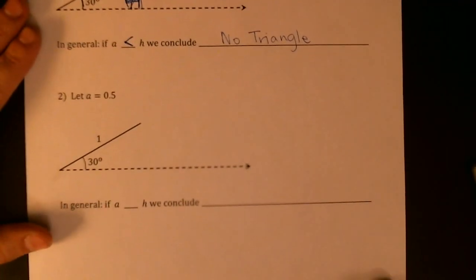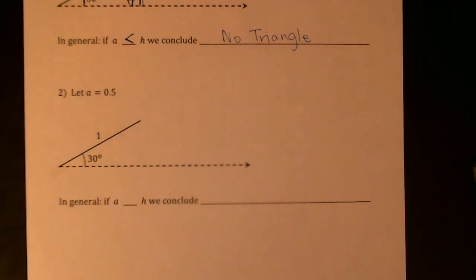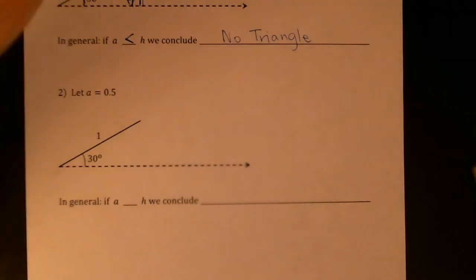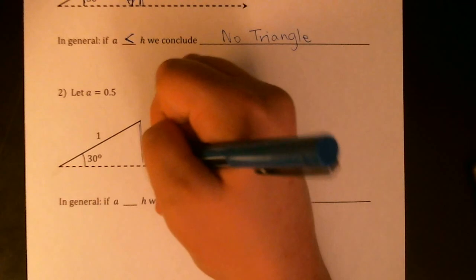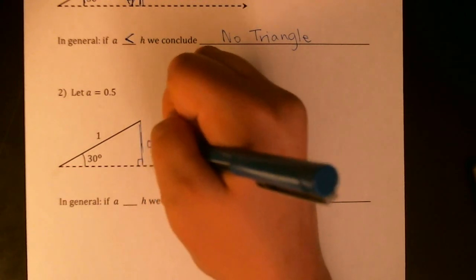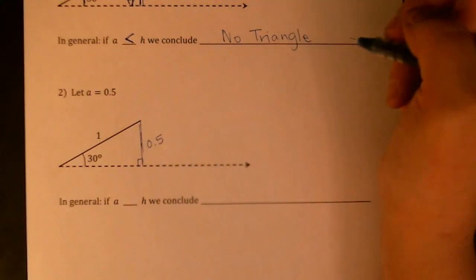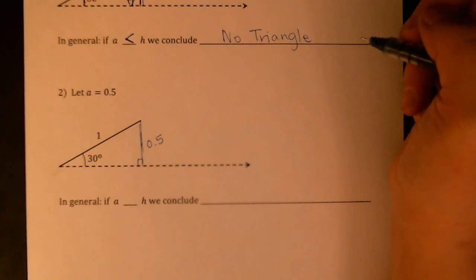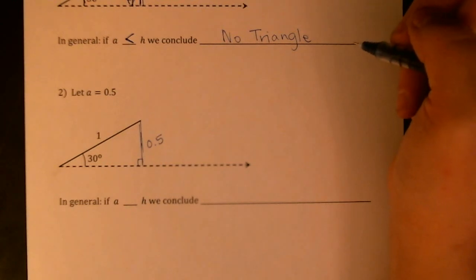The next one is if A is exactly 0.5, and actually based on the work we already did, we figured out that exactly 0.5 is the height of the right triangle. So we kind of have advanced knowledge, but we can say what law of sines would do about that.